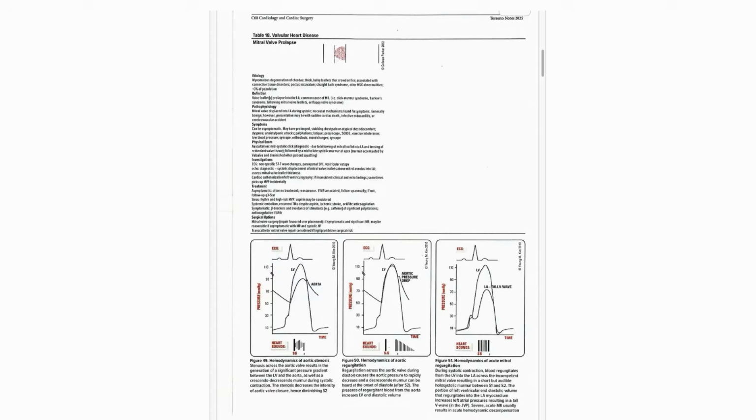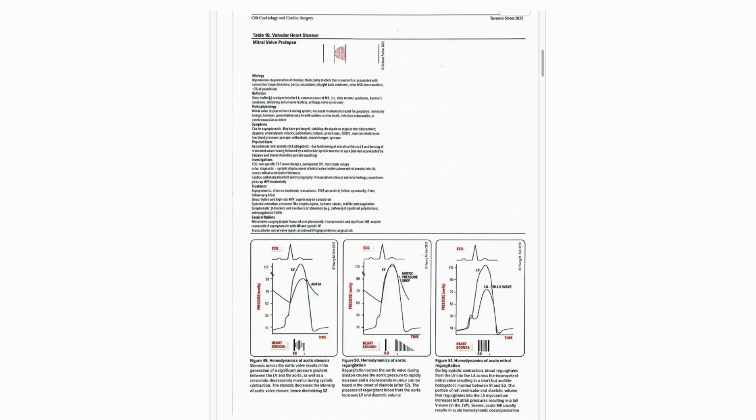Mitral valve prolapse is frequently associated with connective tissue disorders such as Marfan syndrome, Ehlers-Danlos syndrome, pectus excavatum, straight back syndrome, and other musculoskeletal abnormalities. Approximately 3% of the general population has MVP.